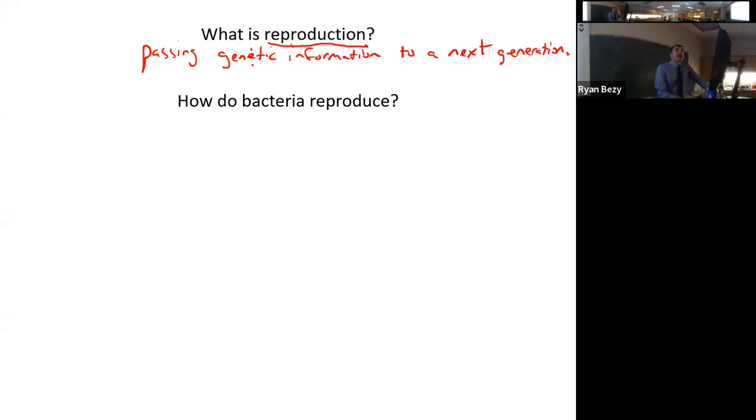Are there different kinds of reproduction? What kinds of reproduction are there? There's asexual reproduction versus sexual reproduction. What's asexual reproduction?